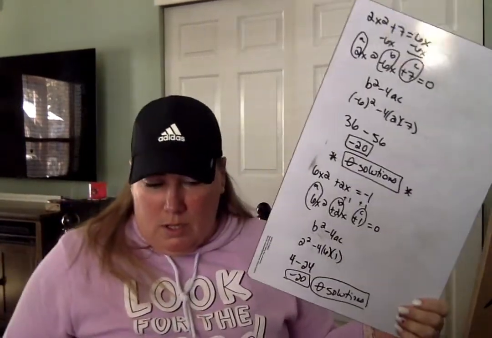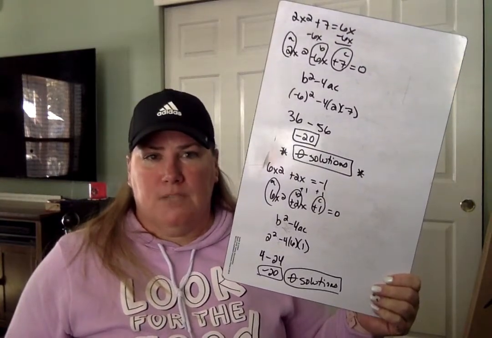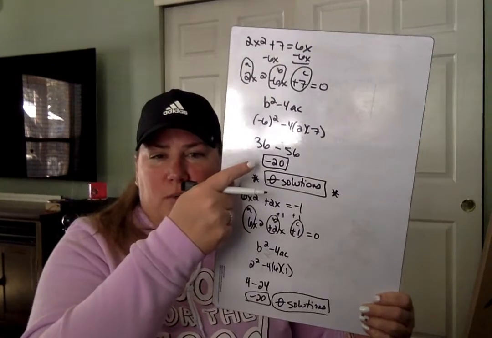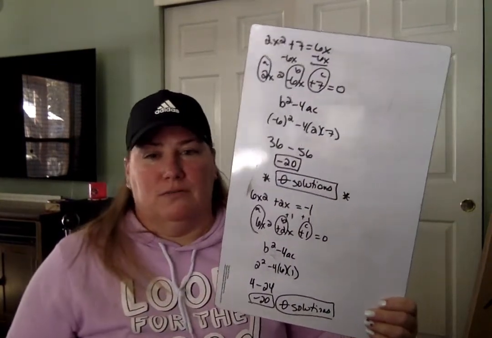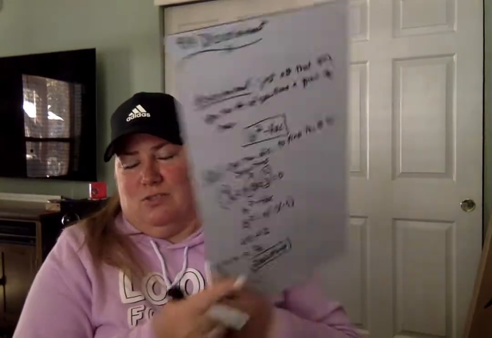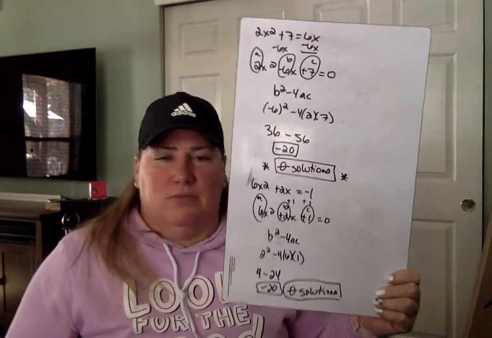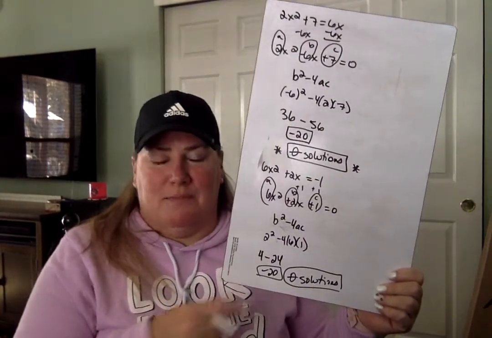So, what if your discriminant equaled 0? Let's say you do the work and you get a discriminant that's 0. I would tell you there's 1 solution. So this guy's got 2 solutions. These 2, 0 solutions. I can't believe I had 2 problems that have the same discriminant.